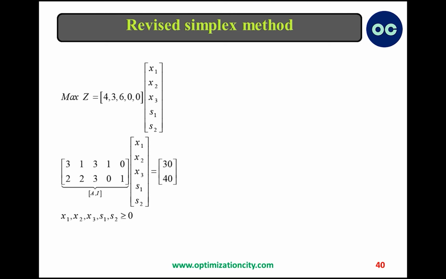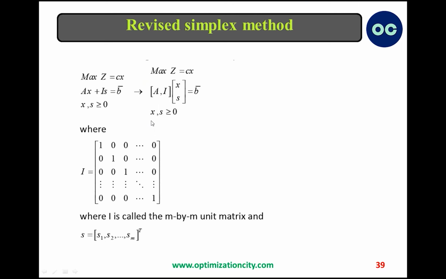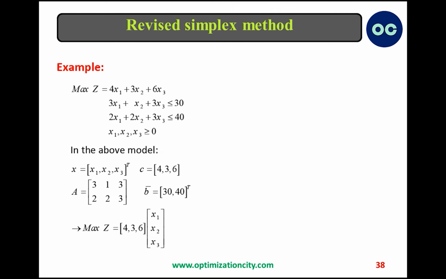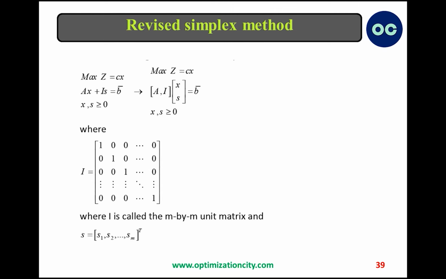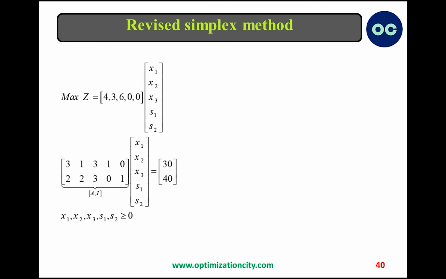Let's talk about this model a little bit more. After adding the slack variable s, you can display the model as follows. The number of basic variables is the same as the number of constraints. So we have 2 slack variables, and we have 2 constraints here, which is m equal to 2 in this case.